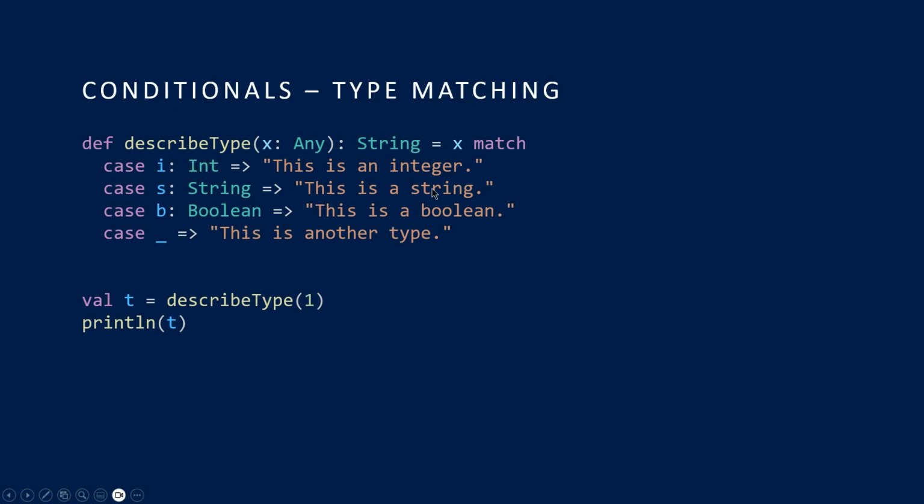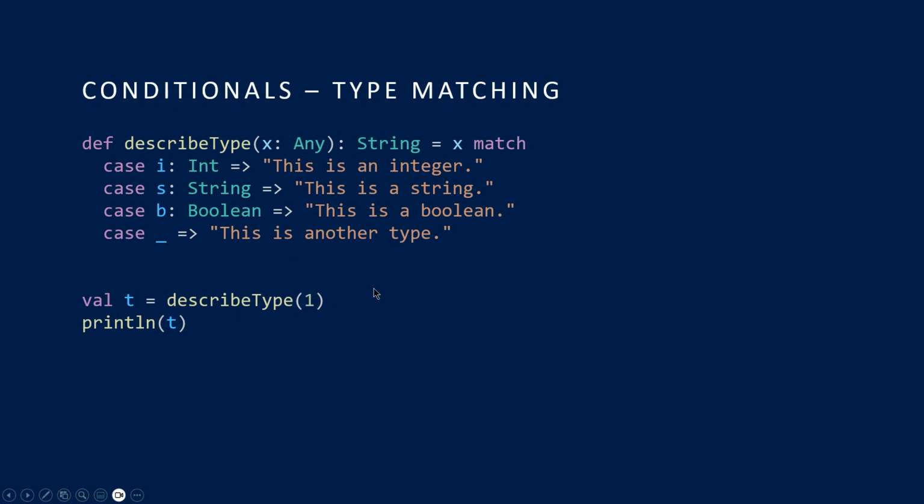If it's an integer, it prints this is an integer. If it's a string, it prints this is a string. If it's a boolean, it prints this is a boolean. If it's none of these, then it's another type. What I'm doing here is getting the value back. With this being 1, it's going to look at it and say, well, what is this?